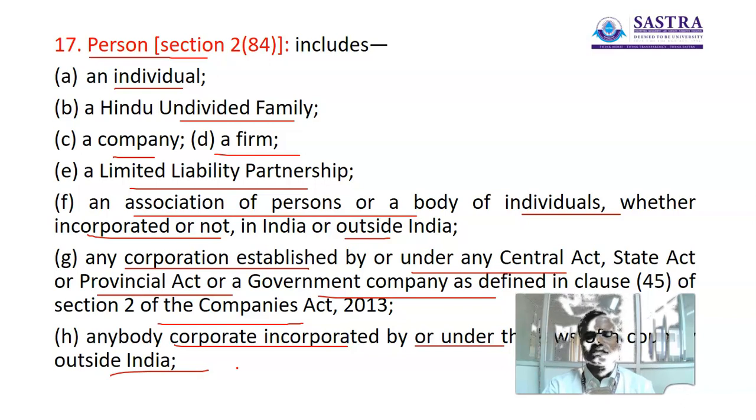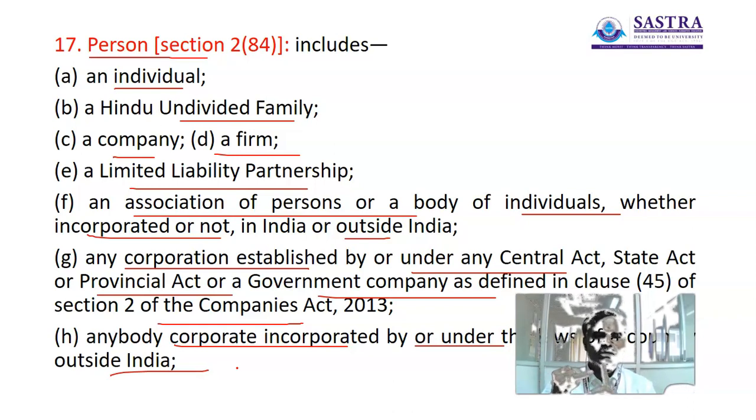Artificial means those who are the creation of an Act. Here the Act is giving soul to the body. The company has to follow the Companies Act 2013. Partnership has to follow the Partnership Act 1932. Likewise, they have to follow.